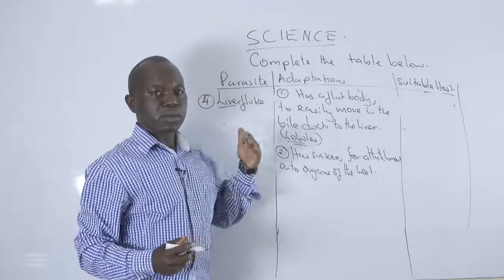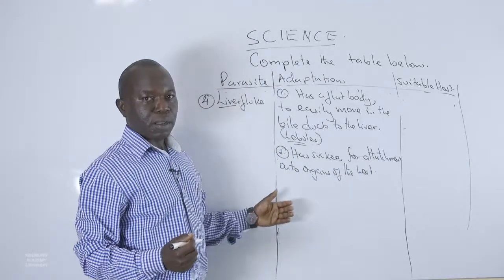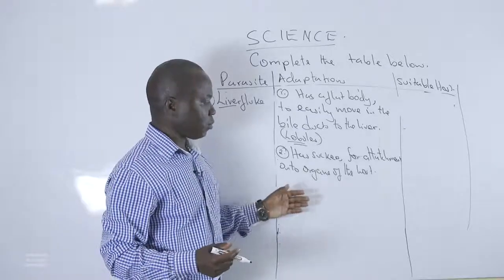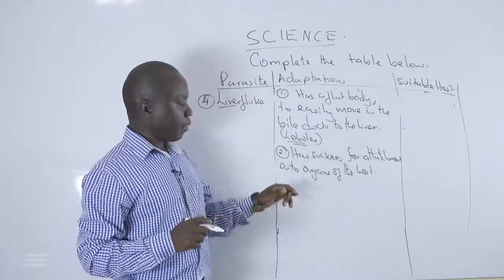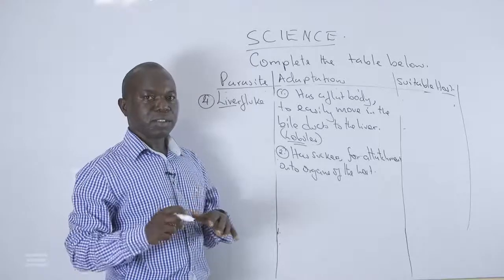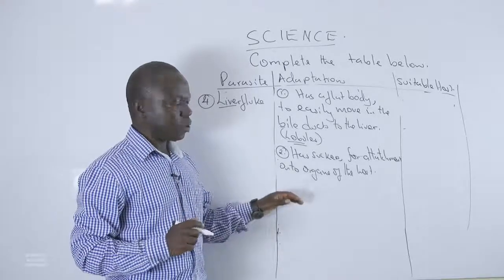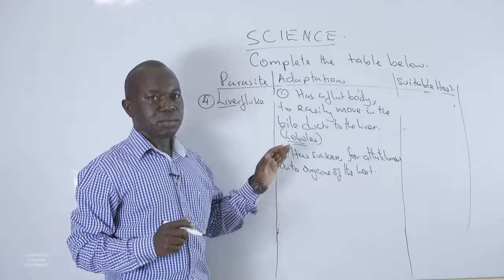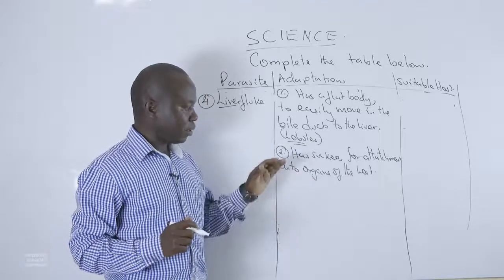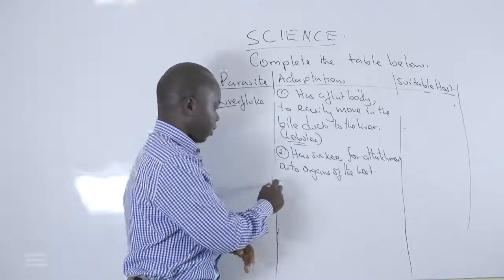Remember, the liver fluke can move from the liver to the lungs. So before it is able to manifest and establish itself, it will have to attach on the walls of the digestive system, in the lungs and also in the liver.